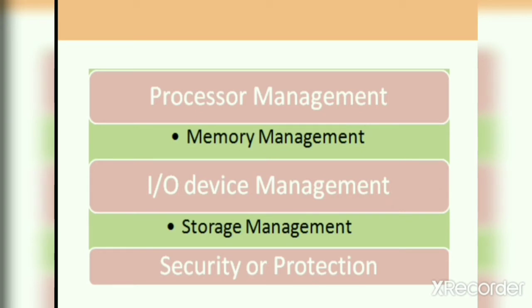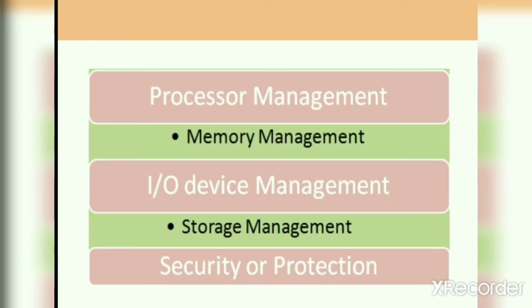The next function is security or protection. Imagine the system is protected by a password. When you open your laptop or a system, it will ask you for a password.